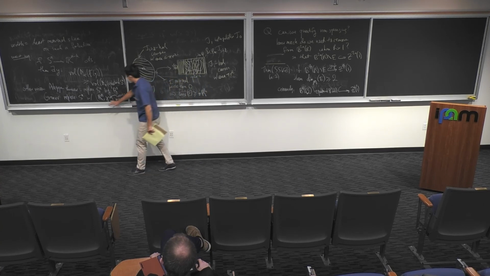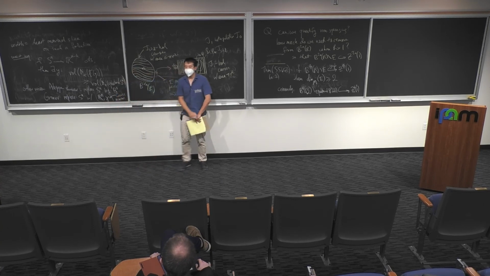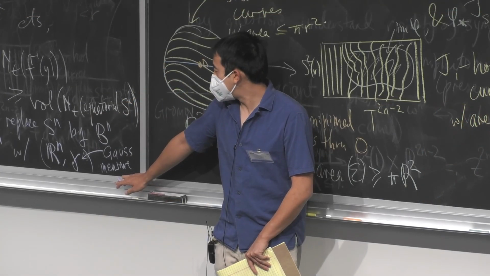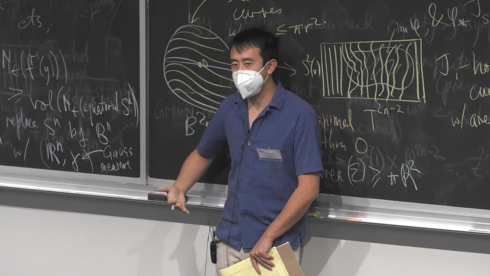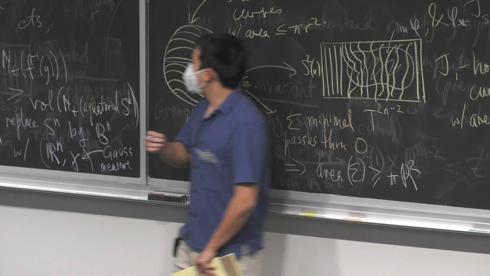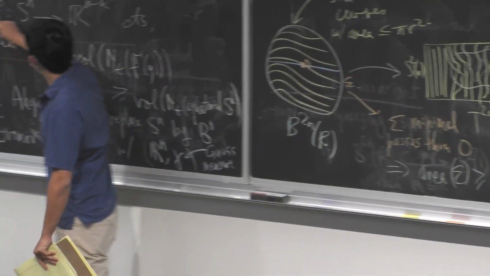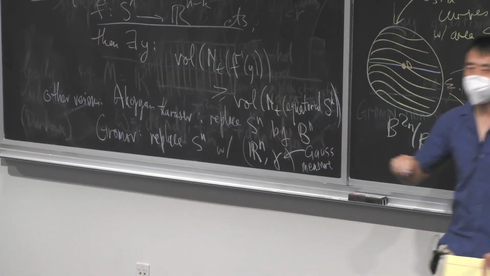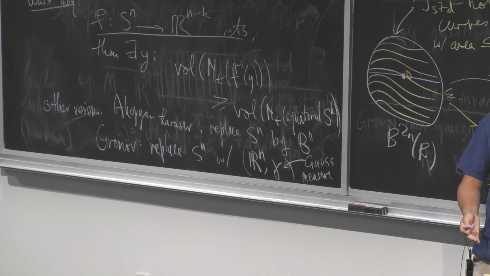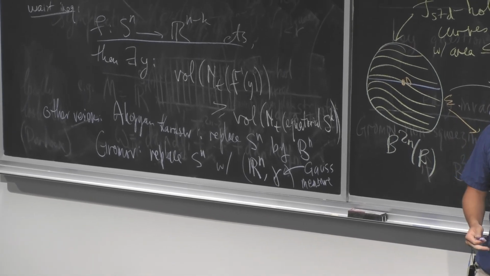And Klartag actually has a nice paper where he proves a waist inequality of a very similar form as Gromov's for the Gauss measure, but on C^n, where this map, the foliation map, the parameterization, is not just continuous, but actually holomorphic. And then he gets a stronger result.